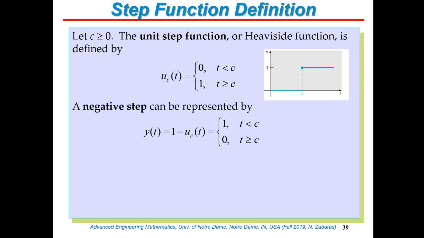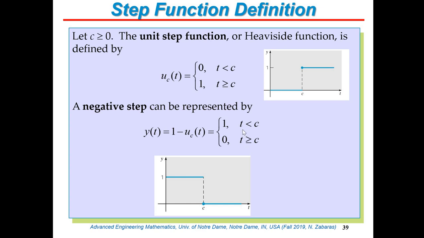So if I ask you, let me just put this picture here, to write down this function, which is a negative step of value 1, in terms of the unit step function. Obviously, this function here is 1 for t less than c, and it is 0 after that.